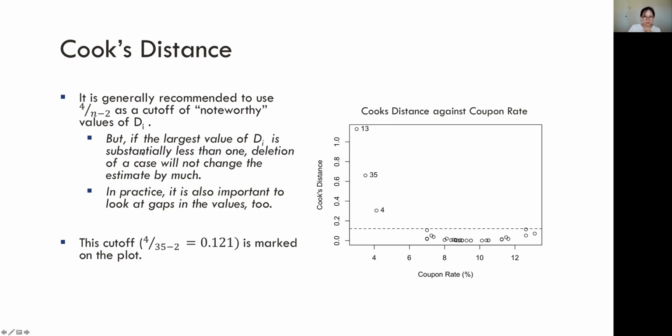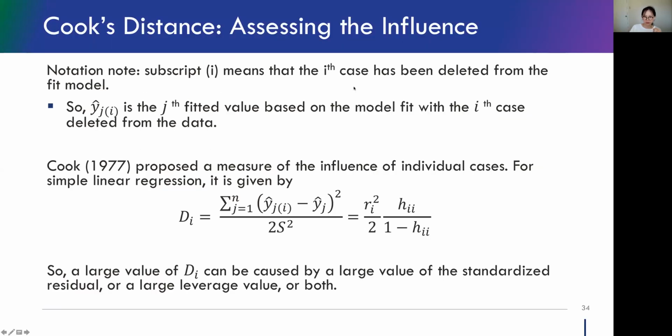I have some notes here. If the largest value of D_i is substantially less than 1, deletion of a case will not change the estimates by much. So this is how D_i is used to assess the influence of a data point.